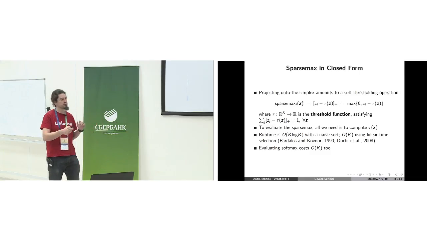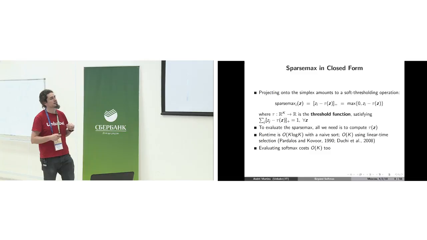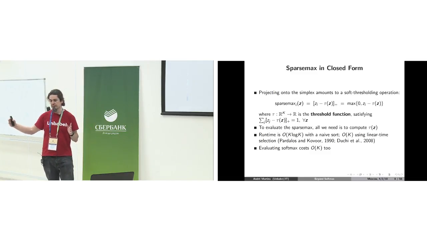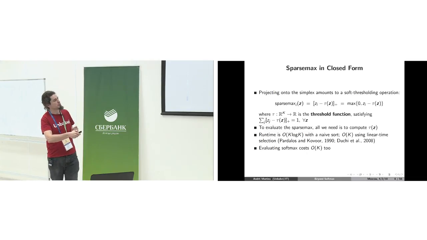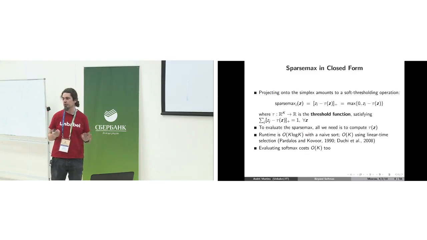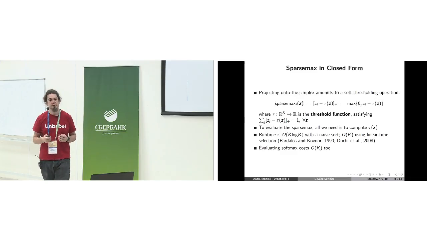In this formula, if you sort all the coordinates of z, some of them are going to be truncated. The smallest values of z are the ones that are going to be mapped to 0, because we are subtracting the same constant from all coordinates zi. The only thing that we need to figure out is what are the coordinates that are going to be truncated and what are the ones that are still going to be positive after this subtraction.